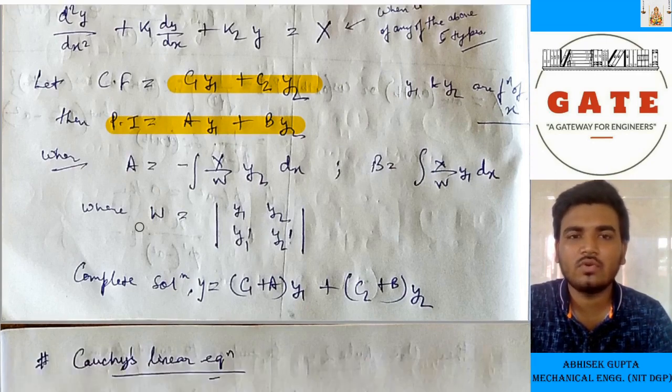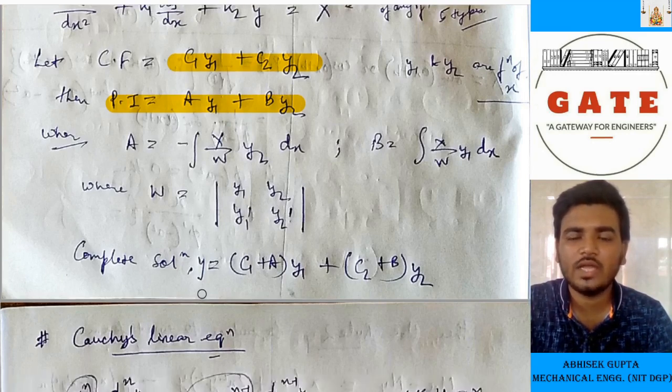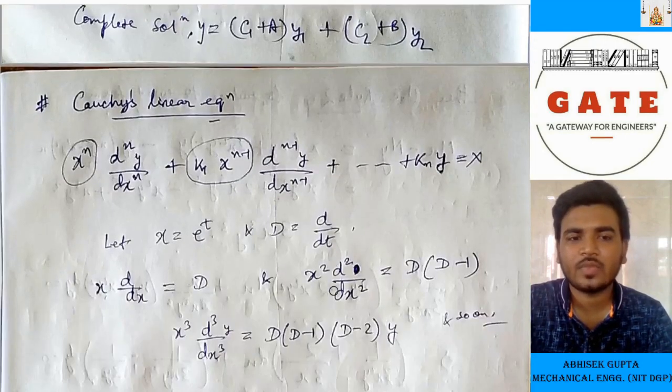And W is the Wronskian, that is the determinant of y1 y2, y1' y2'. And the complete solution will be y = (c1 + A) y1 + (c2 + B) y2.